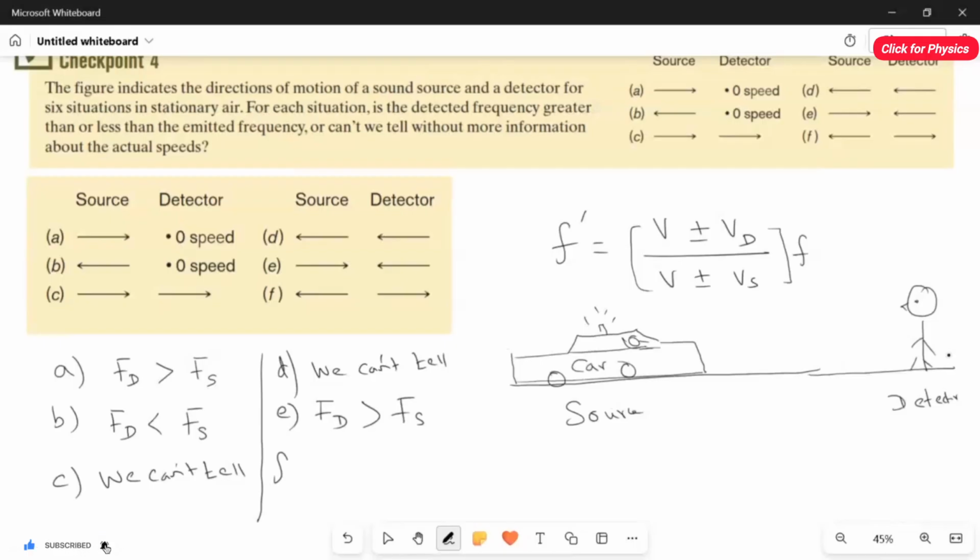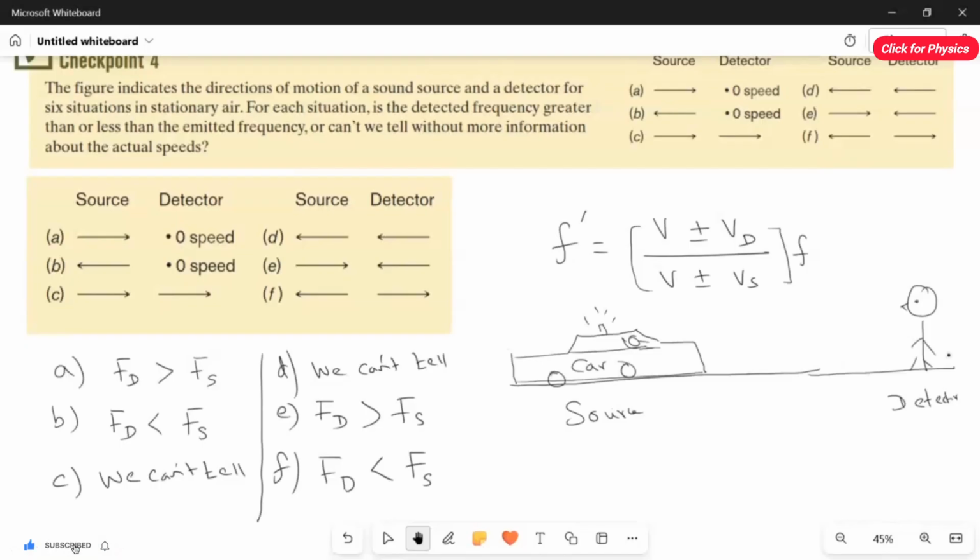Now we have to answer the F question, the sixth question. The source is moving in the left direction and the detector is moving in the right direction. So the police car is moving left while he moves right, and the frequency detected by the detector will be less than the frequency emitted from the source. This is the answer for the sixth situation.